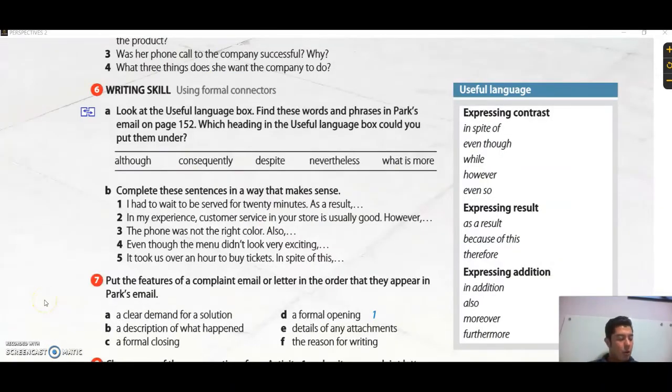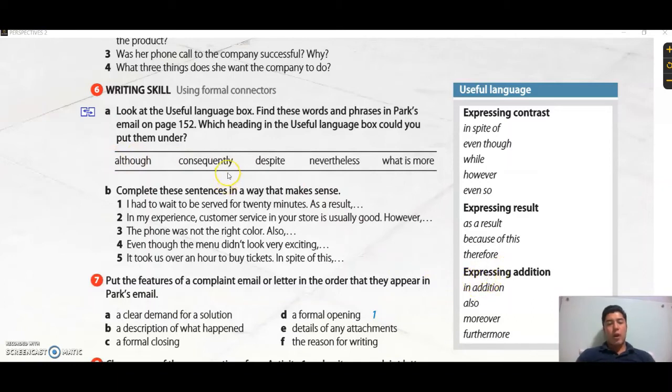Okay guys, so it says in the instructions, we already read them. Although, in which part, expressing a contrast, expressing results, or expressing addition, does it go? We have to put these words down here just to be familiarized with in which part we can use each one of them. So let's start. Although goes in expressing addition.